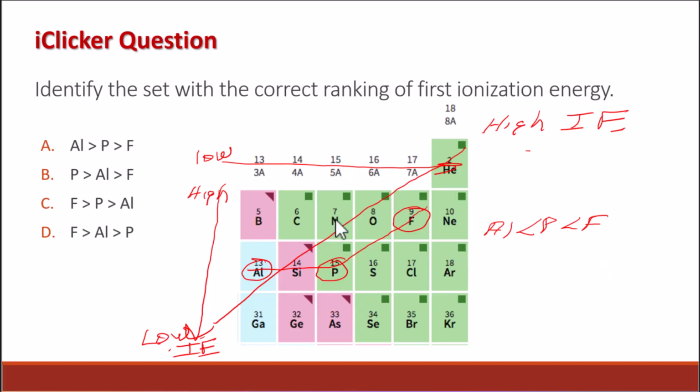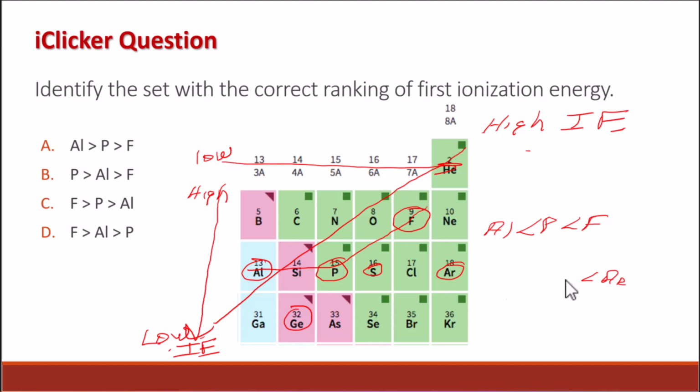And we could look at any other series of elements here. Let's just look at three other elements. Let's say we're looking at argon, sulfur, and germanium down here. And we're just going to use the trends. The highest ionization energy would be argon. It's a noble gas.